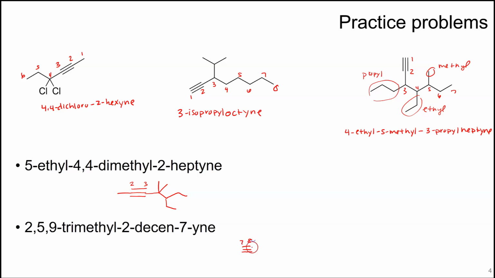That starts there, 8. So this is 9, 10, 5, 4, 3, 2, 1. 2-methyl, 5-methyl, 9-methyl. If there's an ene here, this is decene, so I also have a double bond at the second carbon. So that would be 2,5,9 trimethyl, 2-decene, 7-yne.